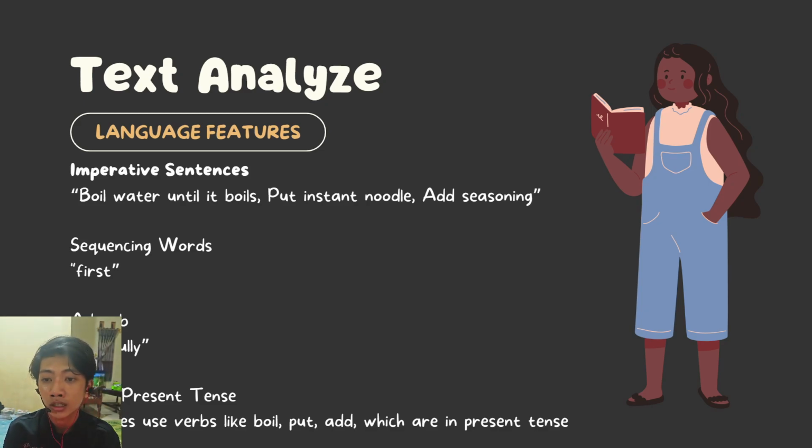The second one is sequencing words, which is the word first at the first step of this procedure text. The next one is adverbs. The example from this text is carefully. The last one is simple present tense. Sentences use verbs like boil, put, add, which are in the present tense.